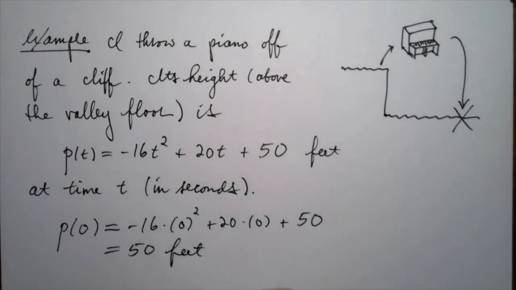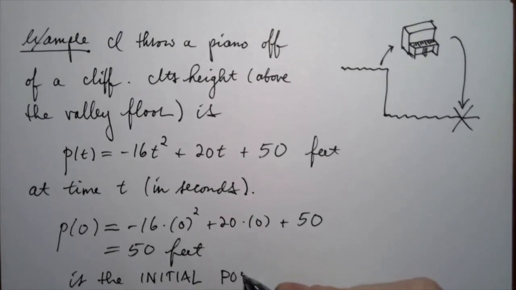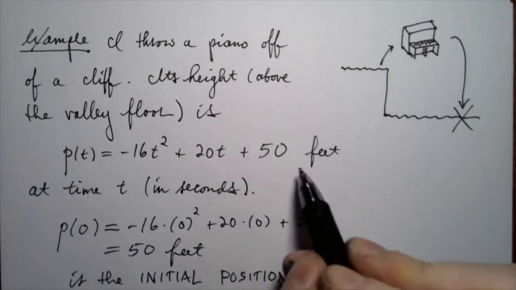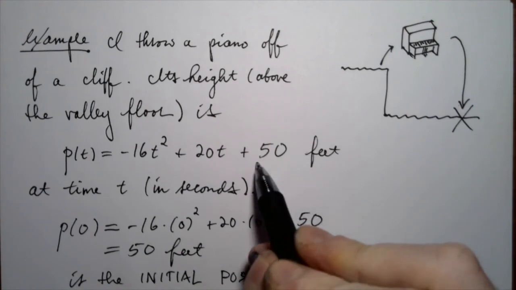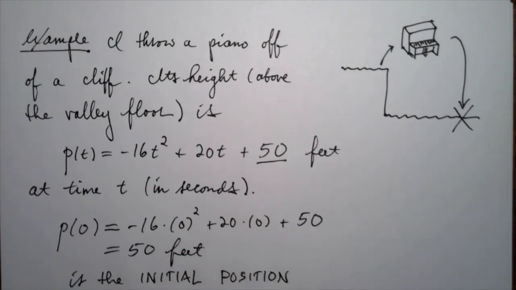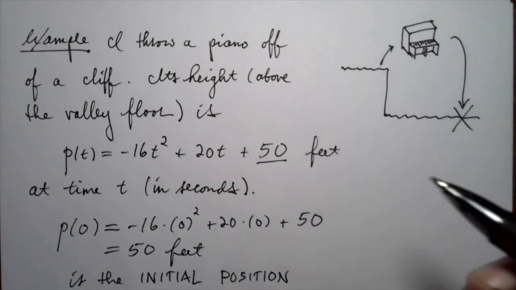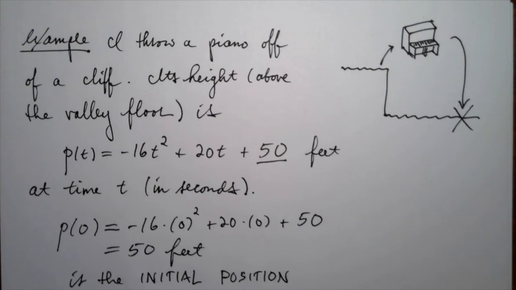That is the initial position of the piano. That's the initial height. And we can see that number in the original function. It's that constant term. So that constant term 50, that's telling us the initial position.